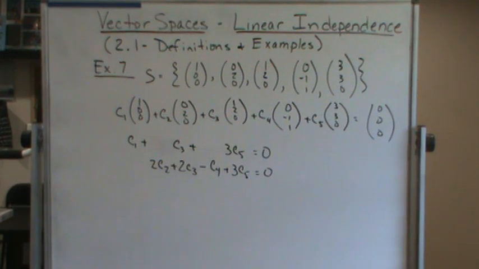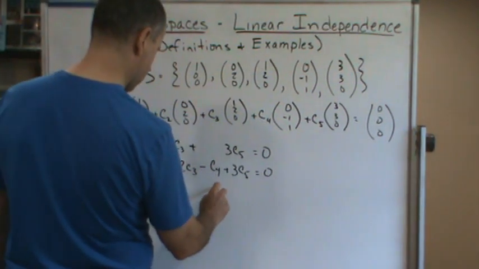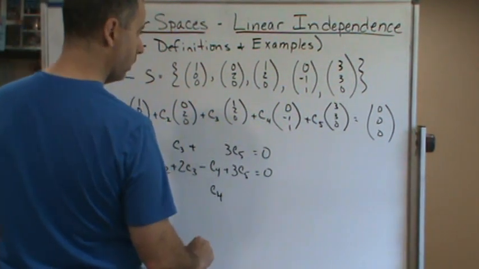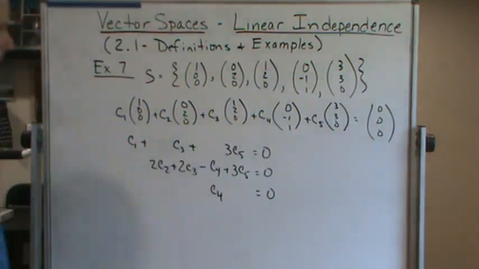And then the last one, we've got 0, 0, 0, then we've got C4 equals 0. And so that's the system that we are now going to find the solution for.